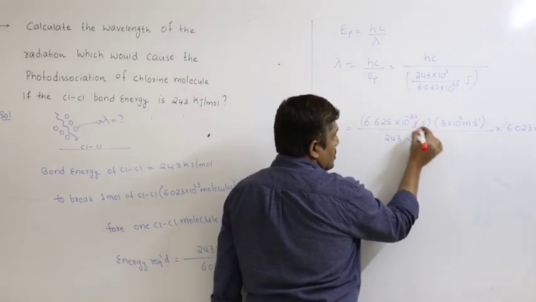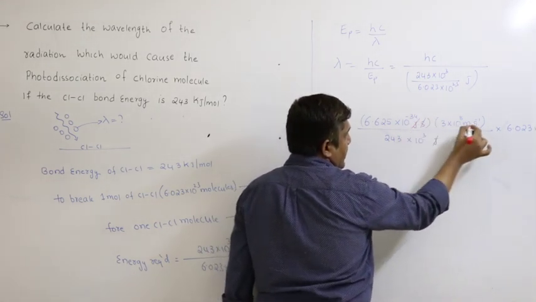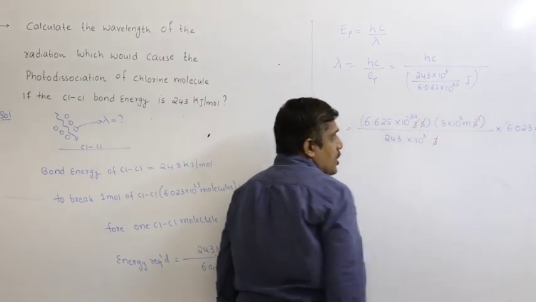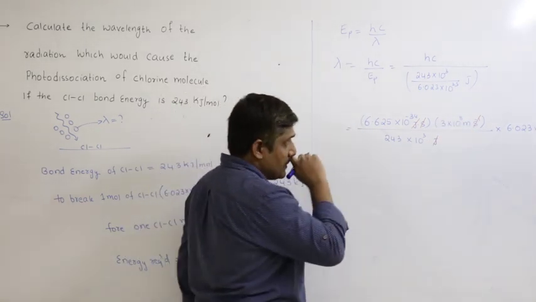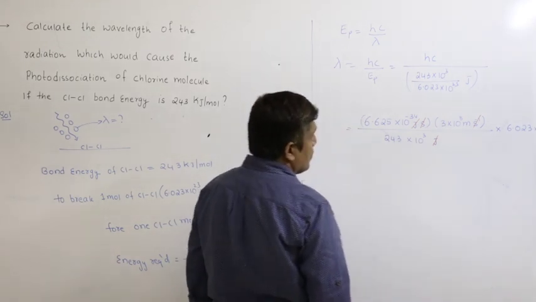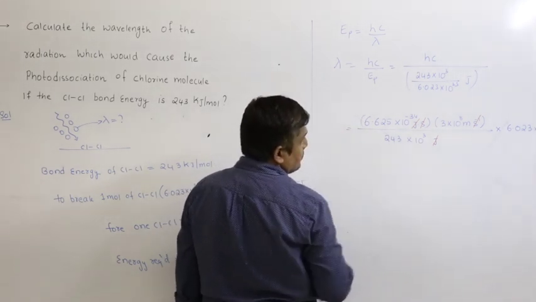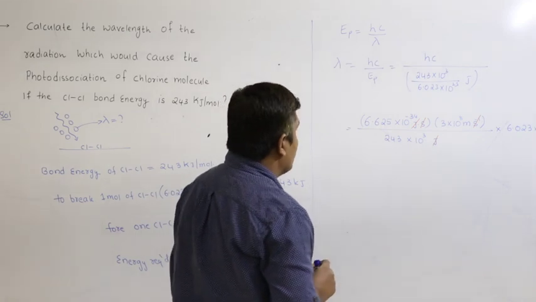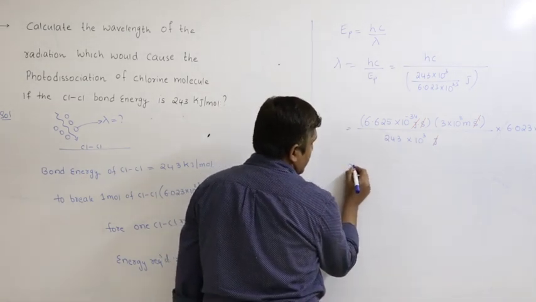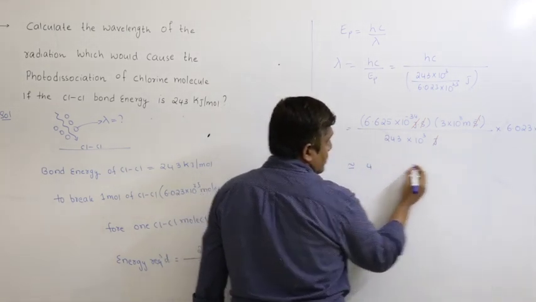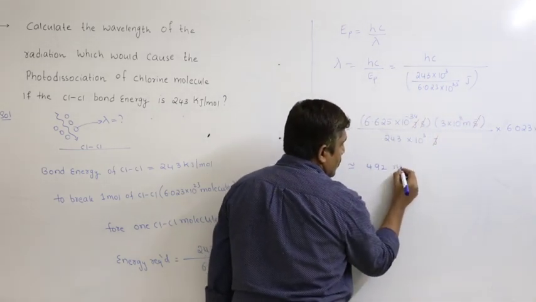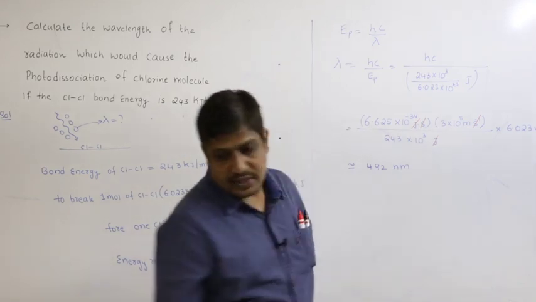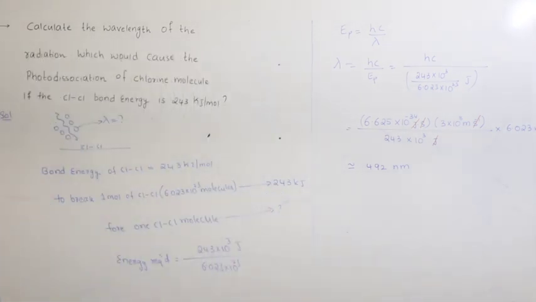So I can cancel joules, second inverse, left over is meters. So wavelength you will get answer in meters, right? Okay. So upon further simplification, what you will get is approximately 492 nanometers. Or first I will write in meters, then you can write in nanometers.